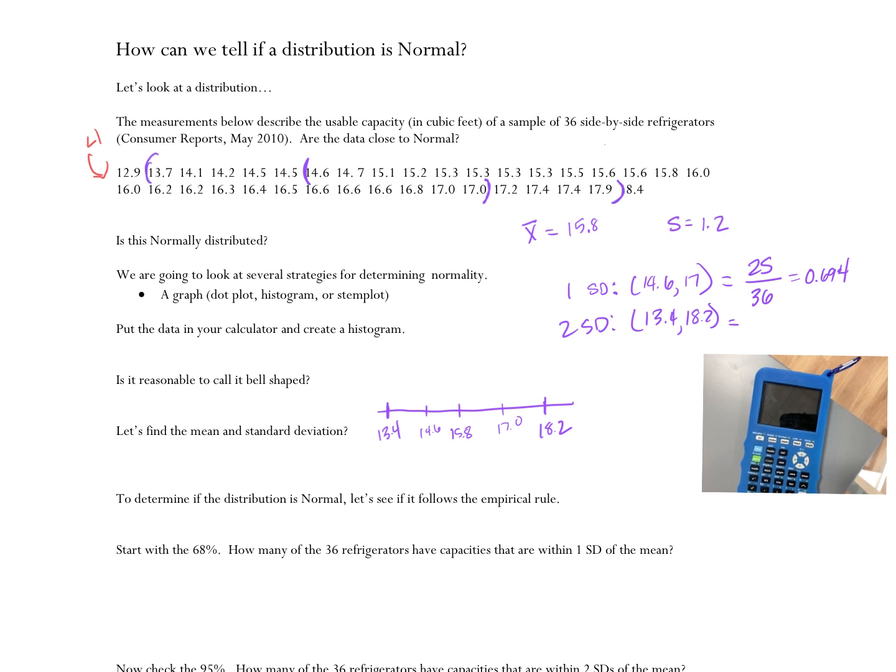It's all but 2, yeah? So 34 out of 36? 0.94 repeating. Oh, I did it wrong. How are we feeling about the 68 and 95 of this data so far?